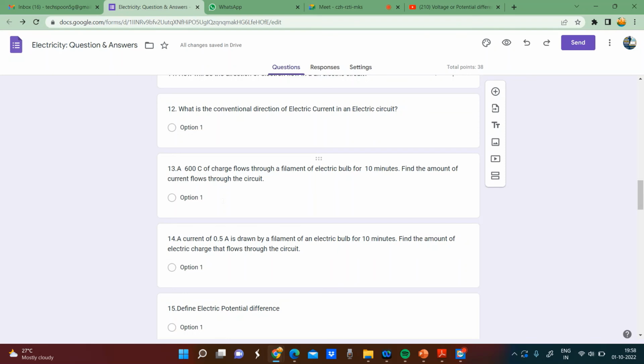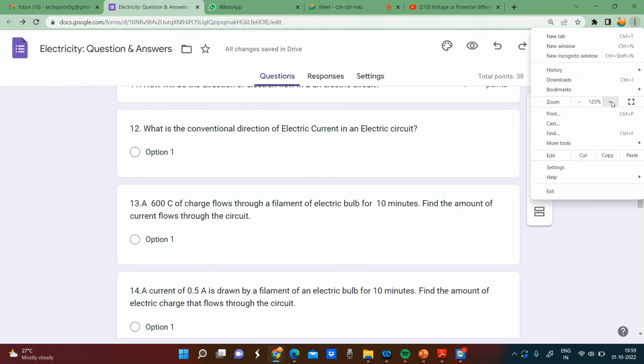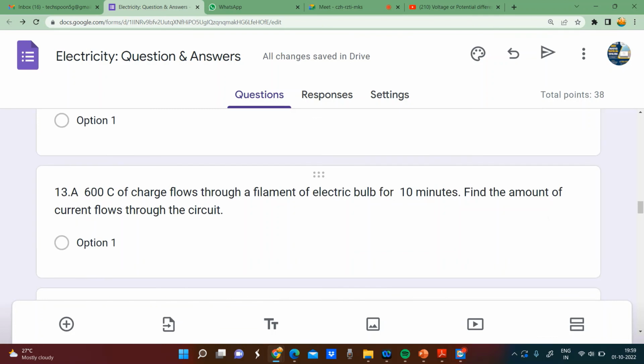13th one. Can you see this screen? A 600 coulomb of charge flows through a filament of electric bulb for 10 minutes.